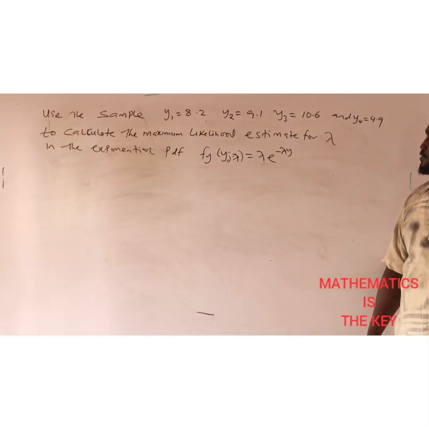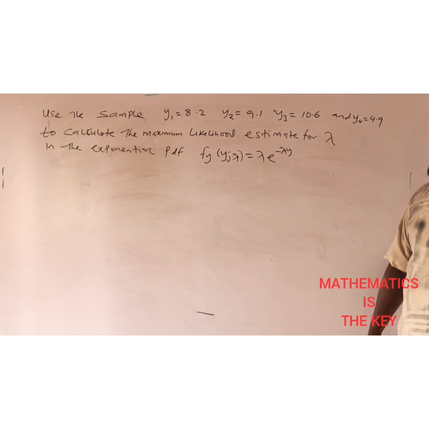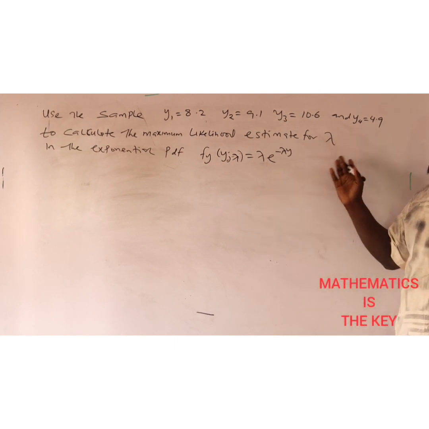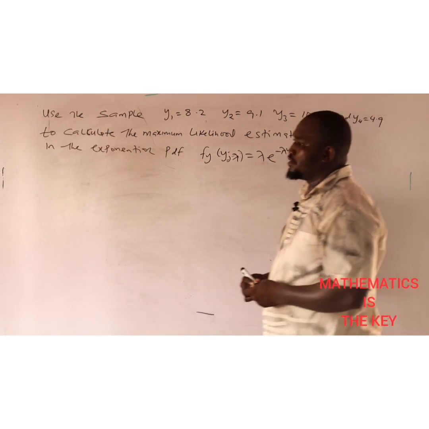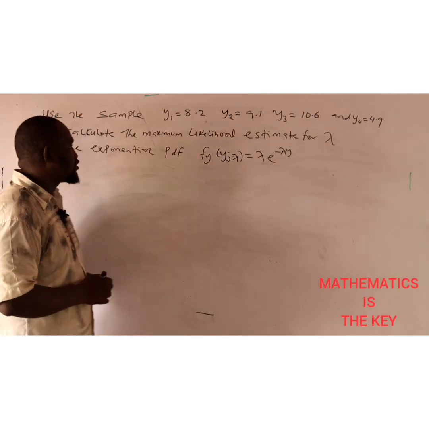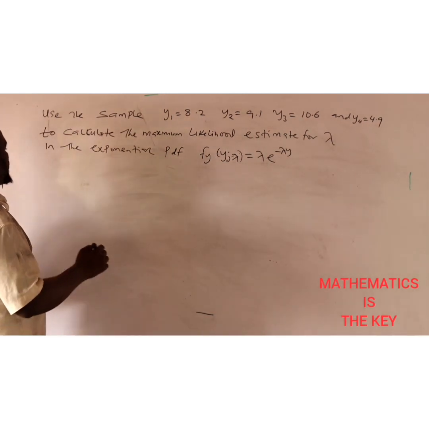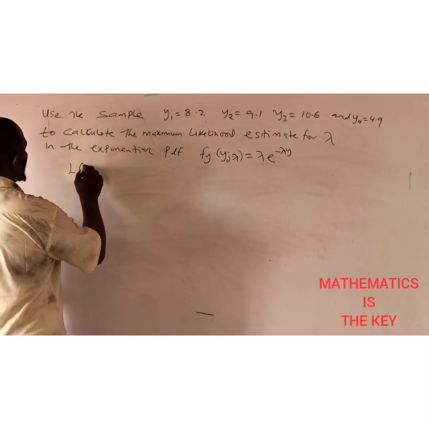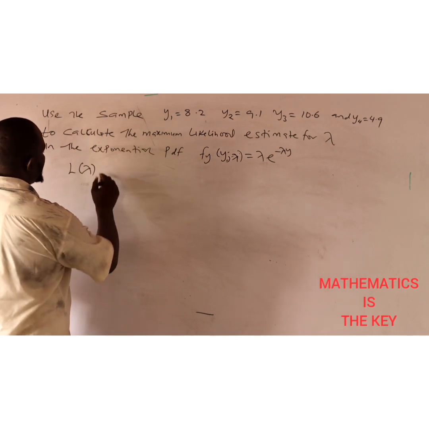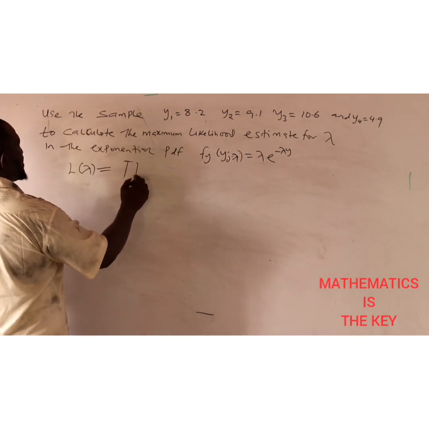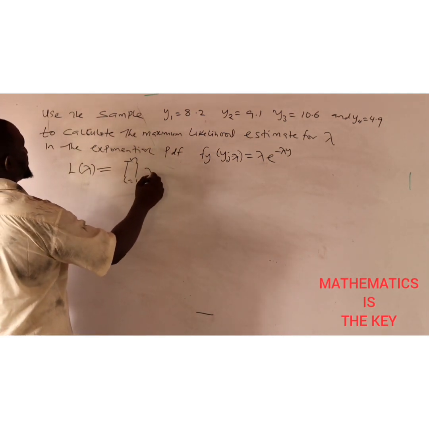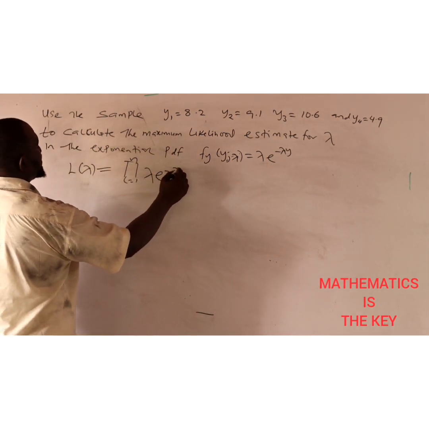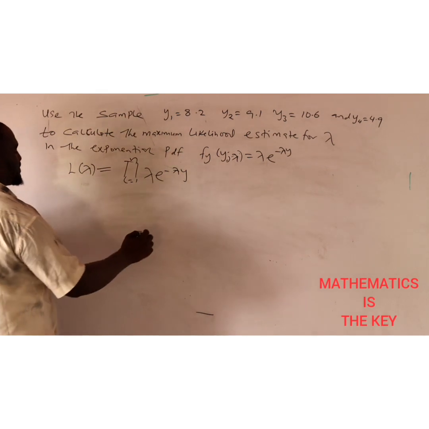Okay, in this example, we are going to calculate the maximum likelihood estimate for lambda with the given information. We begin by finding the likelihood function for lambda, which is defined as the product from i = 1 to n of the PDF, lambda exponential of minus lambda y.